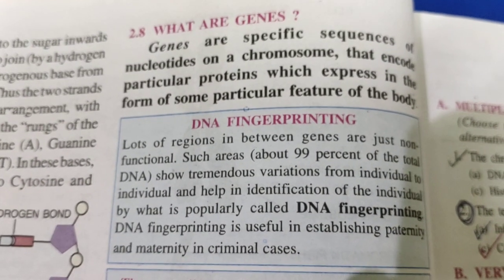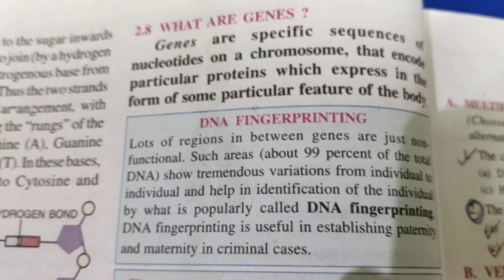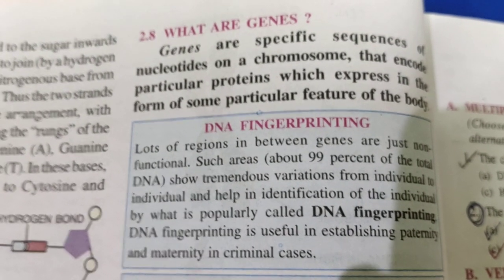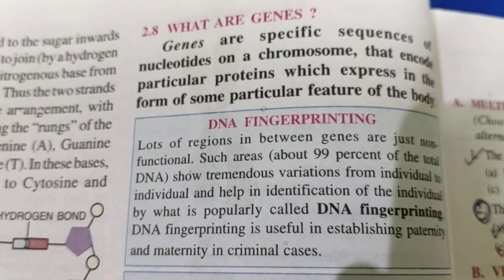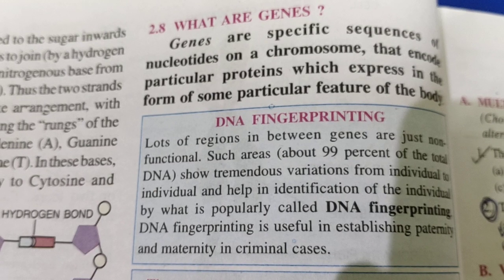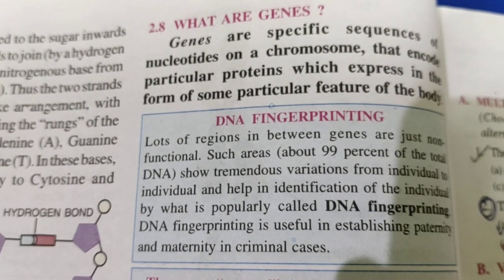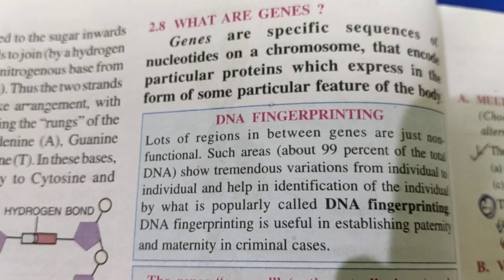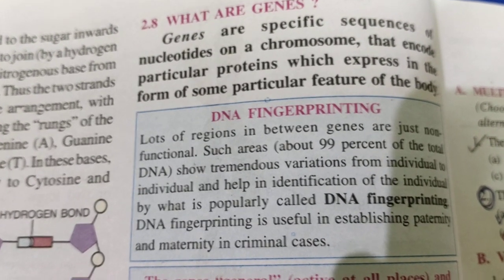Okay students, so we are done with the second part of the chapter also, which is a very small part. Here the main things which we have learned are the structure of chromosome, the structure of nucleosome, what you mean by genes, the structure of DNA and how replication of DNA occurs.